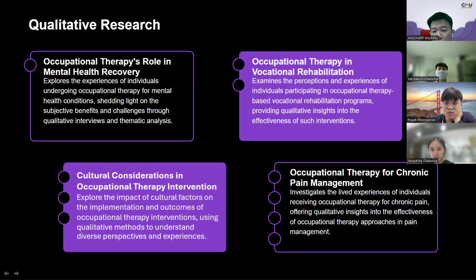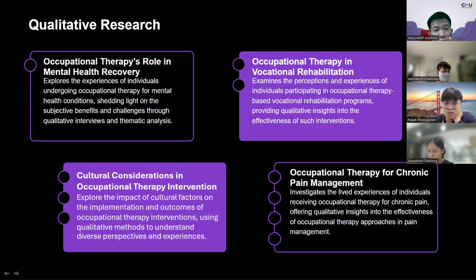OT for chronic pain management. You can use a pain scale, but pain is not just a level from 1 to 10, and some pain cannot be rated simply. They investigate the lived experience of individuals receiving OT for chronic pain.